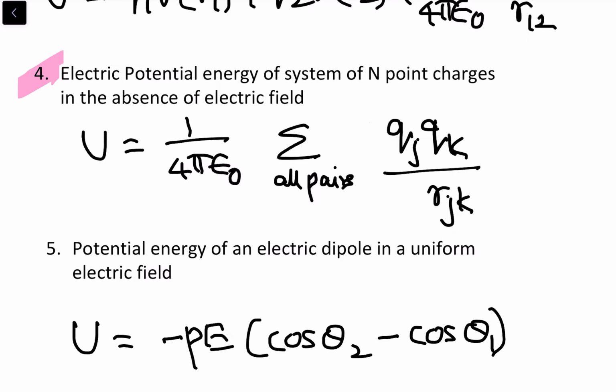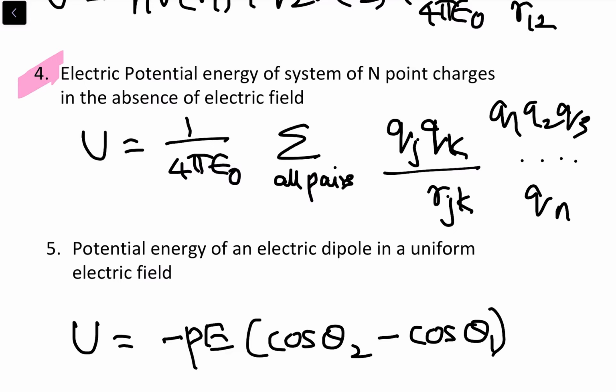That means we have many charges: Q1, Q2, Q3, Q4, Q5, etc., totally Qn charges.